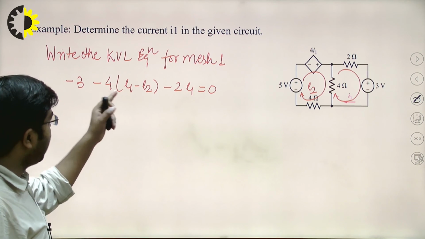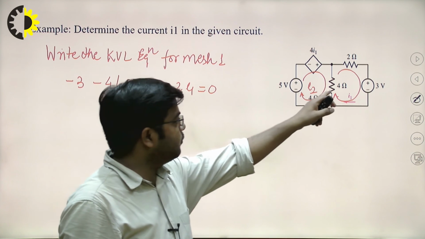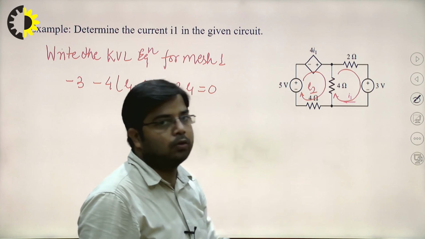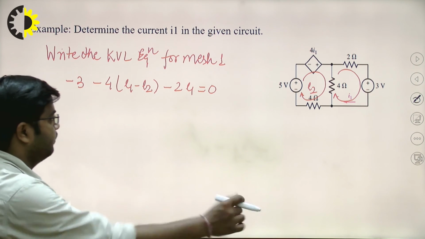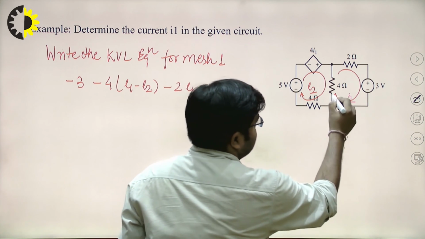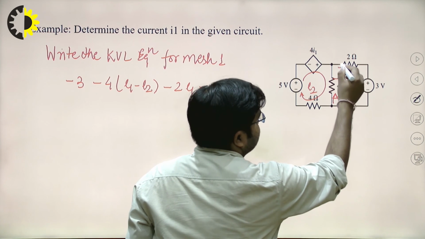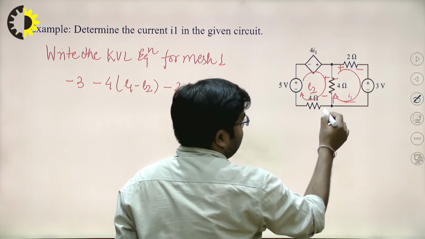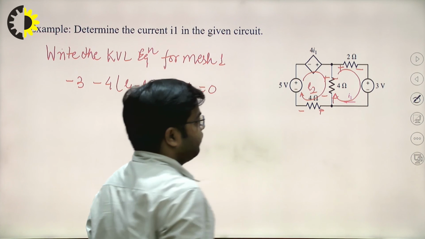So this 4 I1 minus I2 is the voltage drop across this 4 ohm resistance, and this 2 into I1 is the voltage drop across this 2 ohm resistance. Okay, and the sign will be like this, plus minus and plus minus. And for this I2 current, plus minus will be here and plus minus will be here.